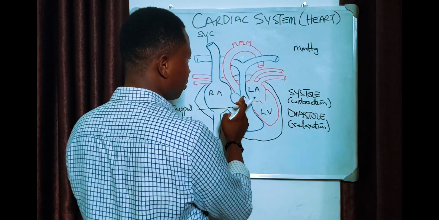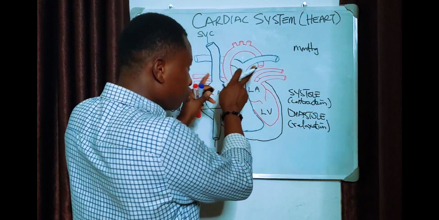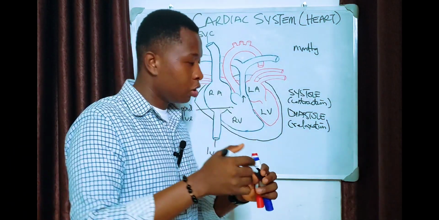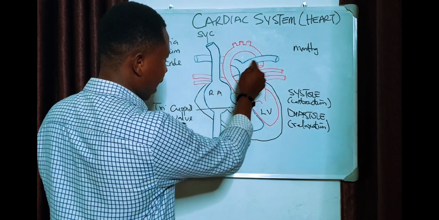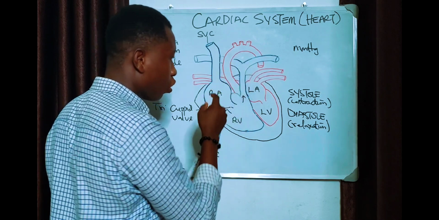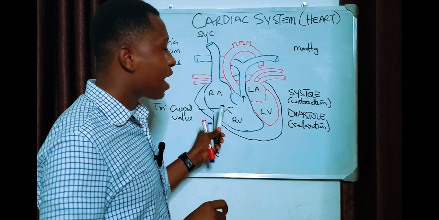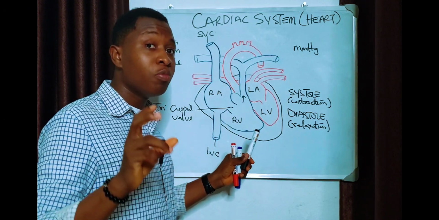You can see this blood vessel that comes from the right ventricle branches to a part of the lungs where it's going to pick up oxygen. So this part of the heart, the parts drawn with the blue color, is known as the pulmonary artery.